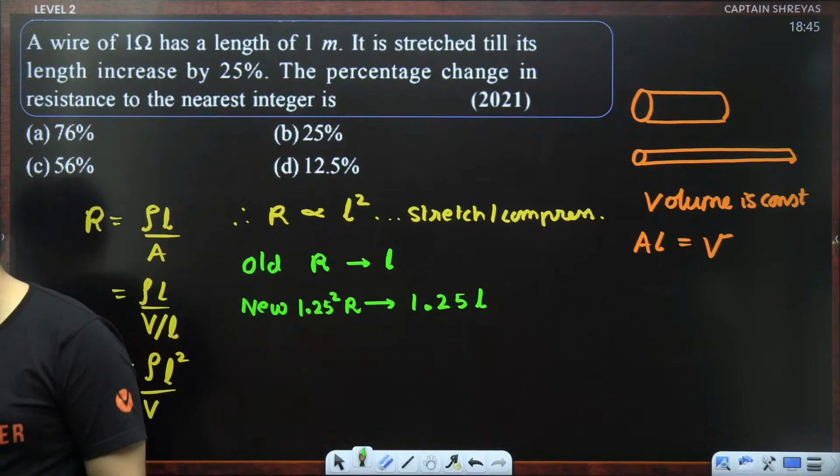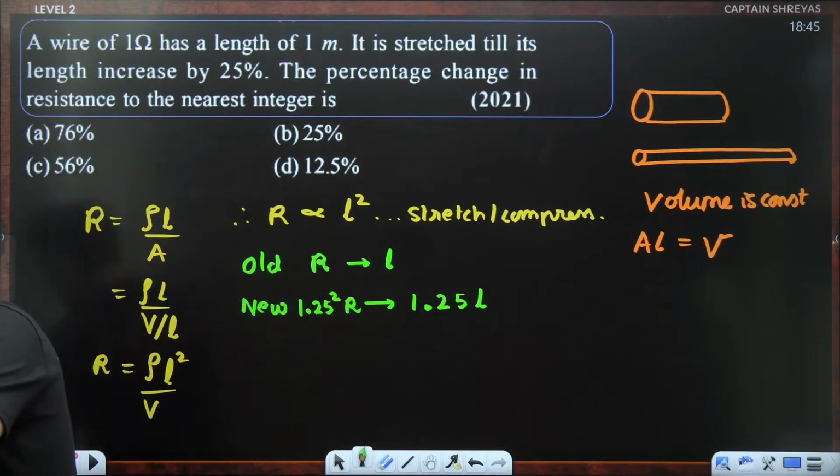Understanding this point? Let me know if you guys got this. It is 25% more. That means it will be 1.25 times the older length. So basically you have to square it.